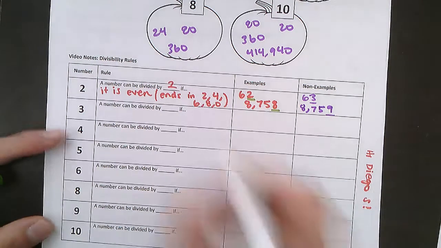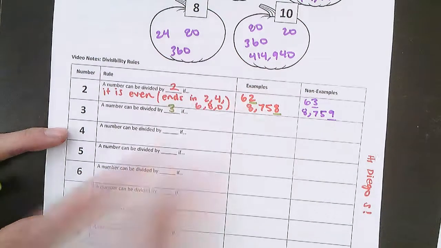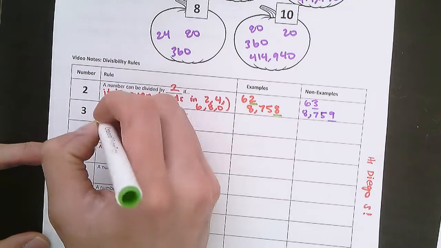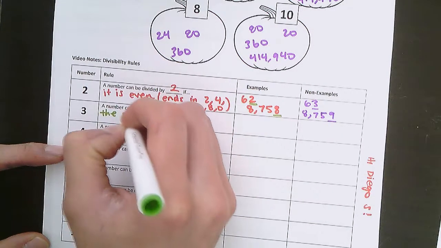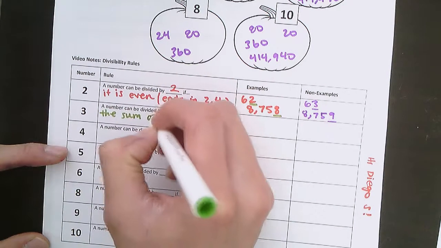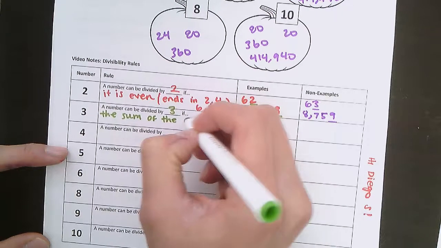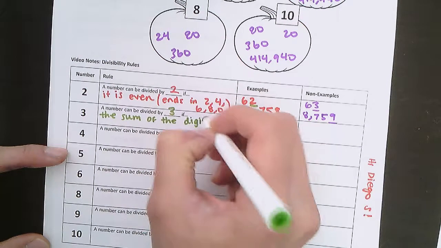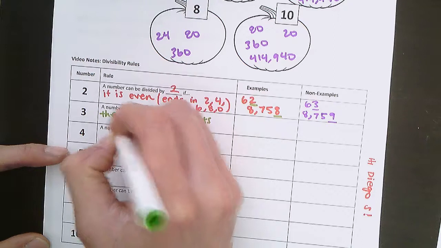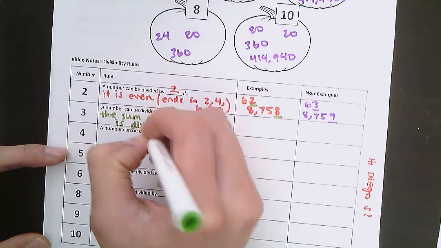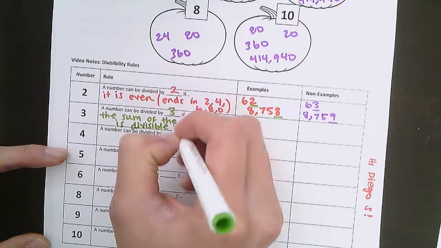A number can be divided by 3 if the sum of the digits is divisible by 3.